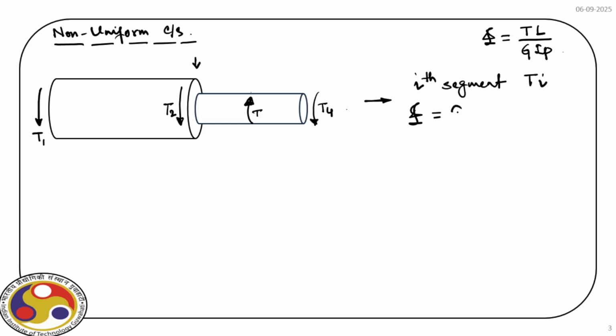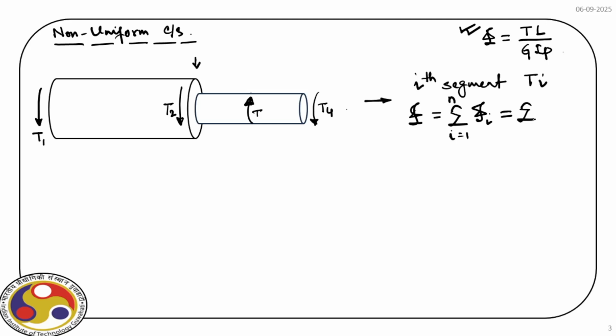So for total rotation we have i equal to 1 to n, if we have n such segments, and for each segment we can find phi i from this expression, and then we can find the total rotation of the shaft, right?